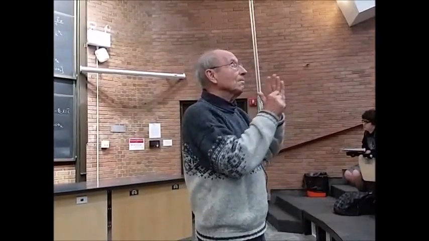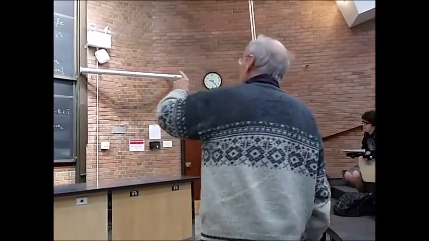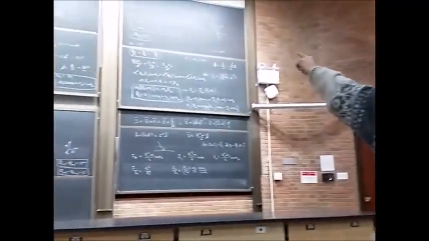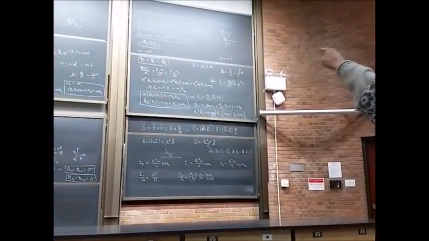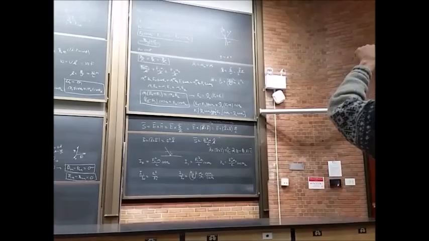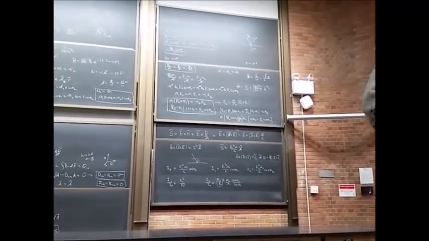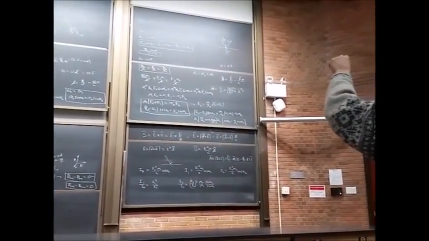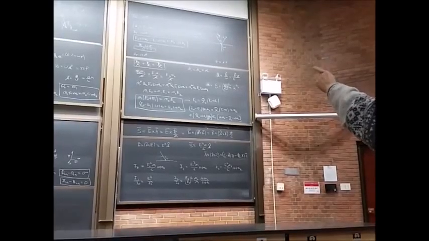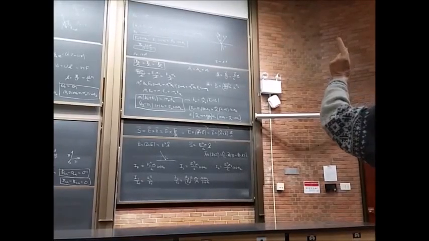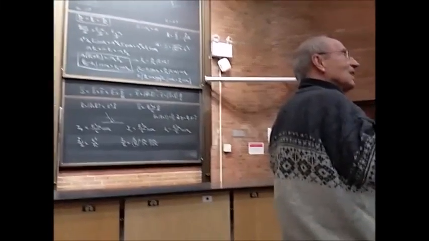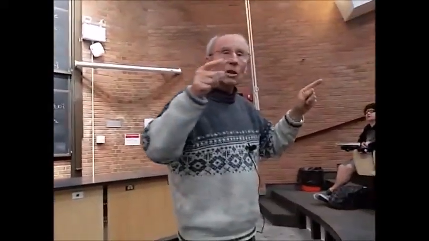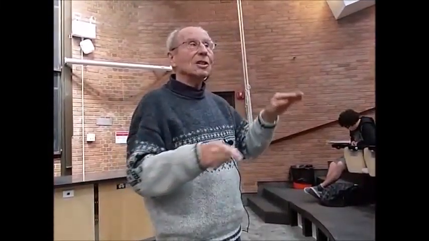Okay, now, there are two possibilities. I've looked at one of them. I took E that way and B then parallel to the plane of incidence. But I could have had E parallel to the plane of incidence and B the other way. So there are two different sets to consider.